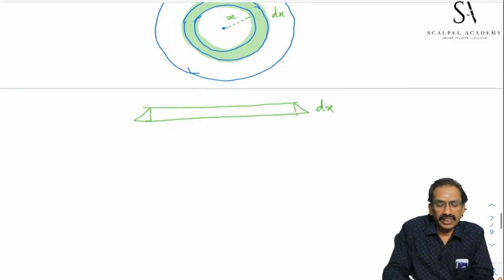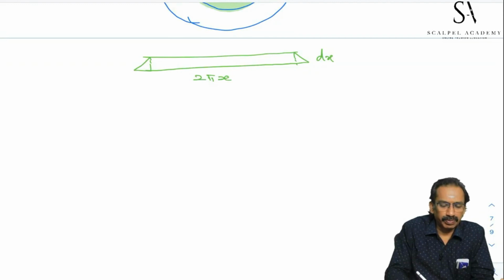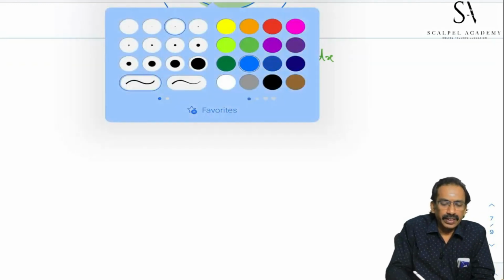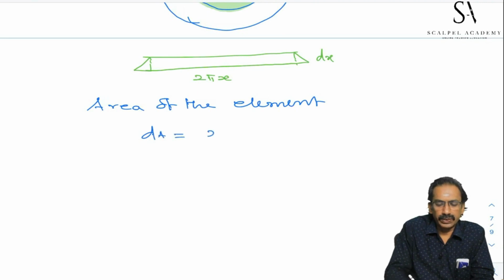What is the area of this rectangle? The length of this rectangle is 2 pi x, thickness dx. Therefore, area of this element I take it as dA is equal to 2 pi x dx.